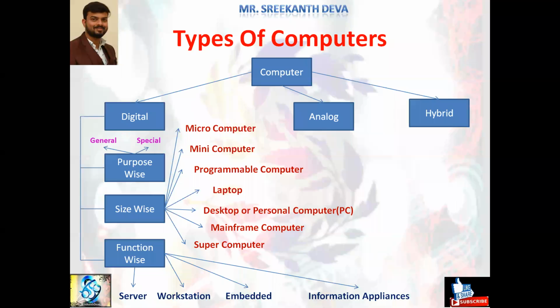Function wise: server, the client and server model, workstations, embedded computers, information appliances. In the previous two or three videos, I explained in detail all these purpose wise, size wise and function wise types of digital computers. Just go through those videos.